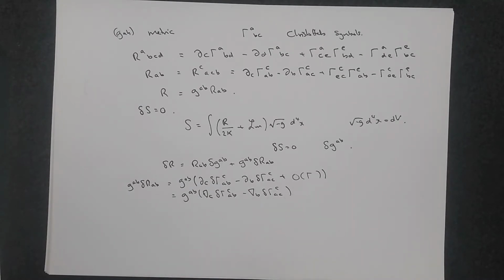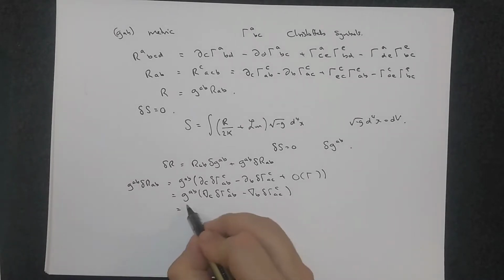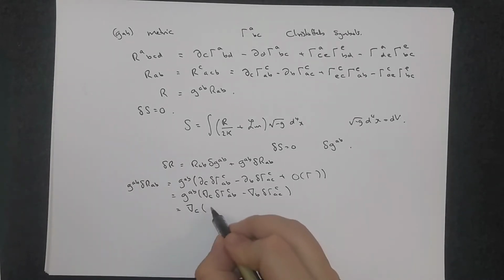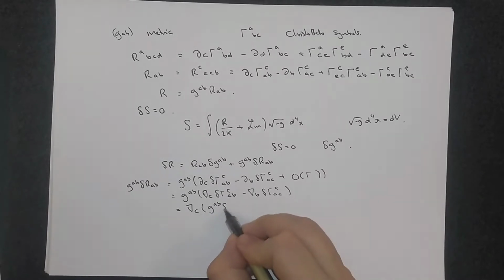But this is a tensorial relationship, and so is this. So this must hold in all frames, not just Riemann normal coordinates. So that's the gradient of C, that should say delta Gamma^C_AB.